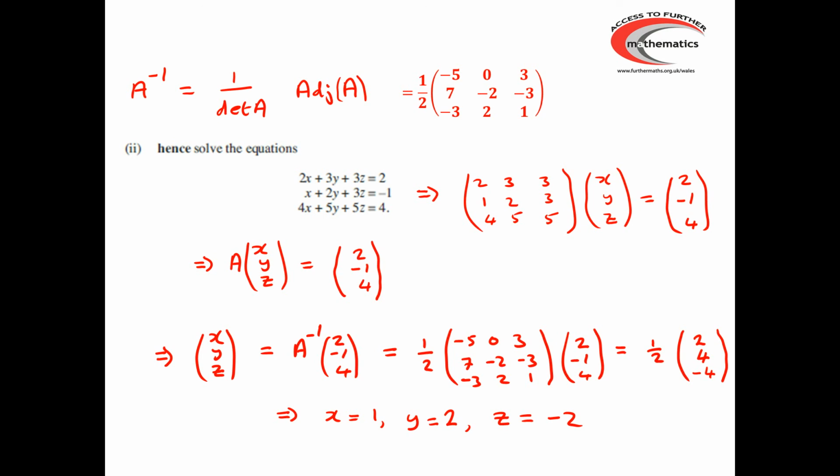Evaluating the inverse matrix took 4 marks: 1 for finding the determinant of A, 1 for finding the cofactor matrix, 1 for finding the adjugate matrix, and then 1 for the final inverse matrix. And then finally there are 2 marks for using the inverse matrix to solve the system of equations.